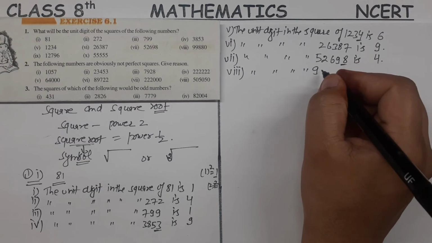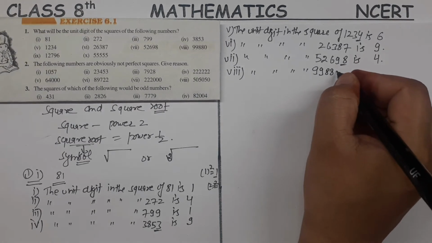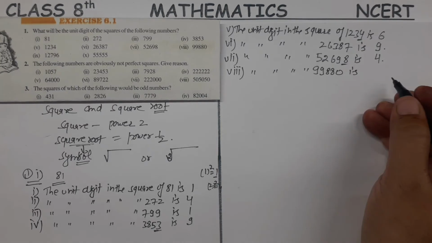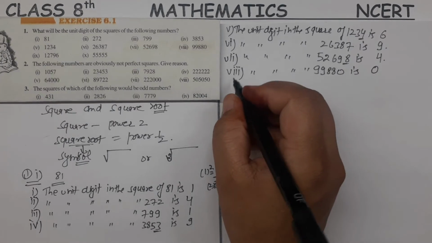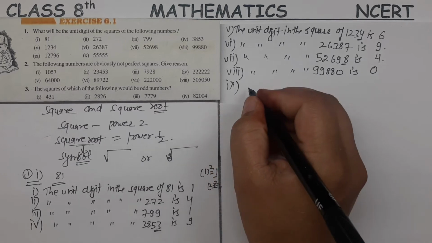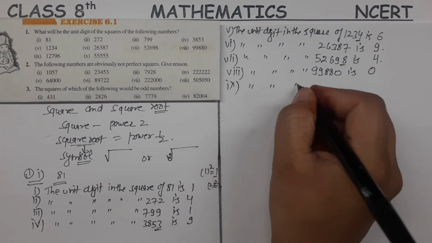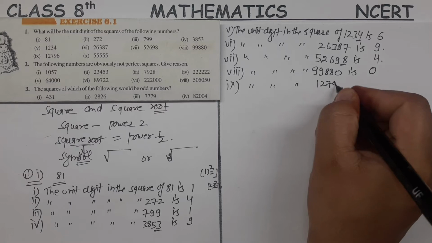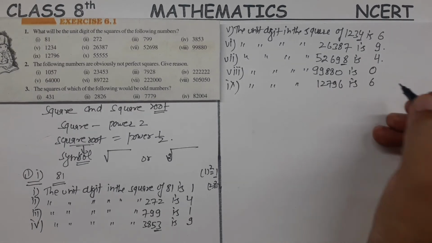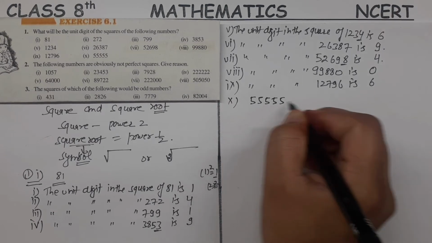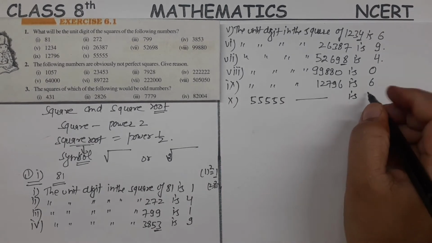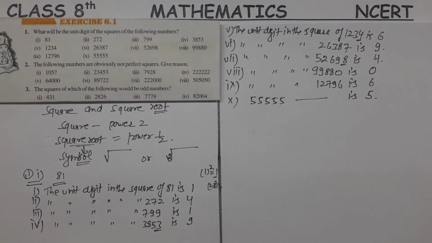Unit digit in the number 99,880 is 0. Unit digit is 6. And the last part, unit digit is 5 5s are 25, that is 5.